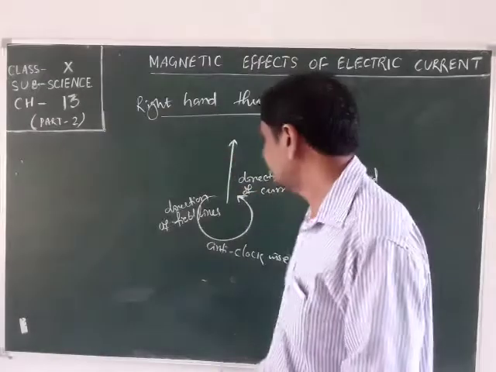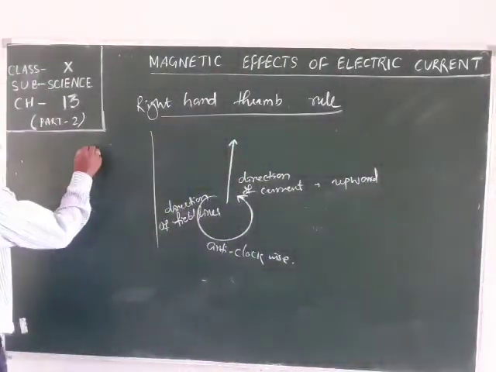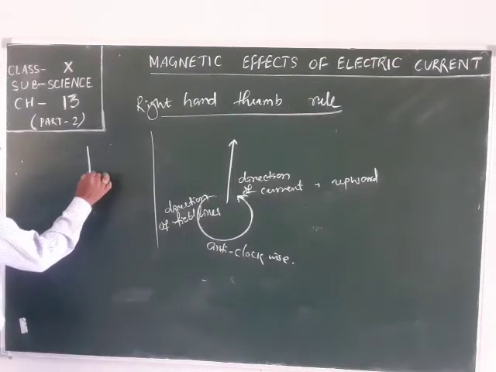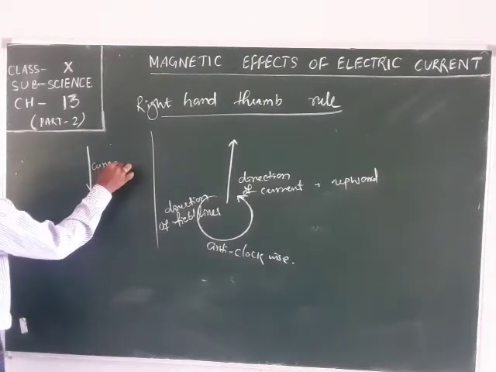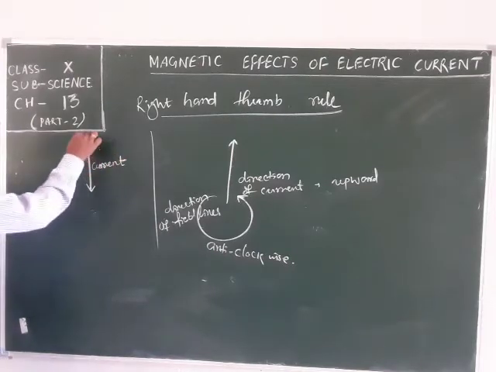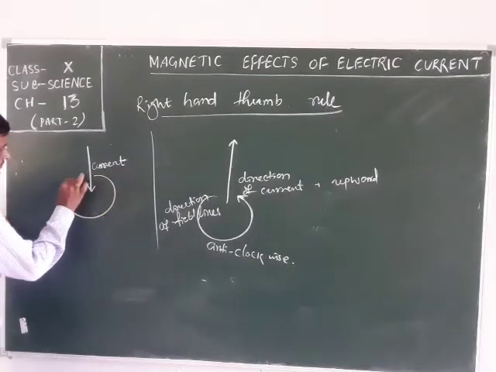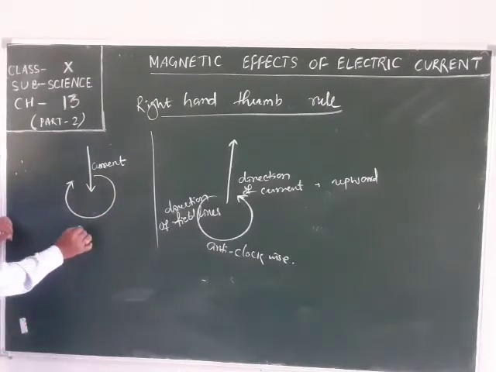Similarly, when the current moves from top to bottom, then field lines will move in the clockwise direction.